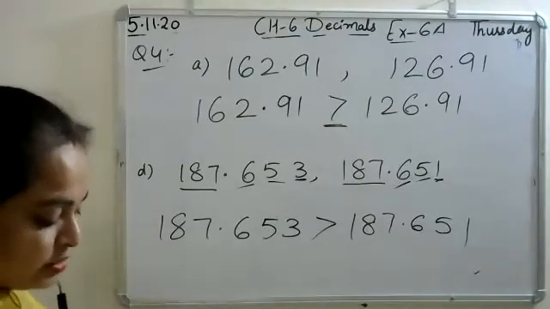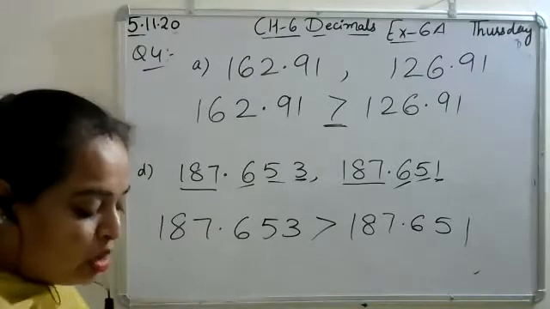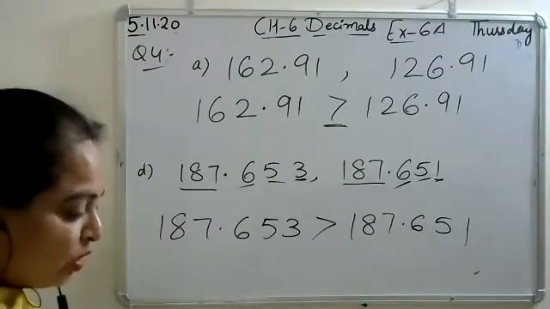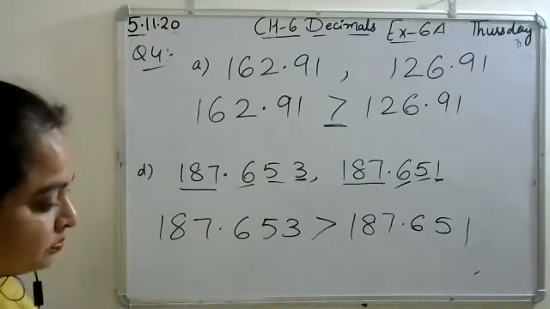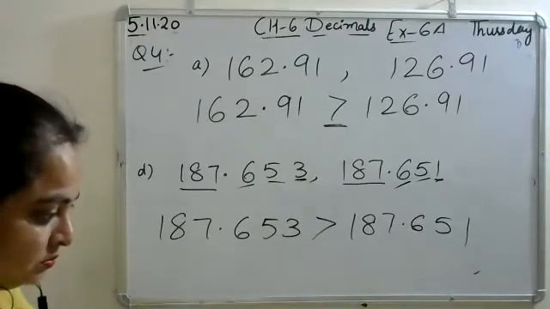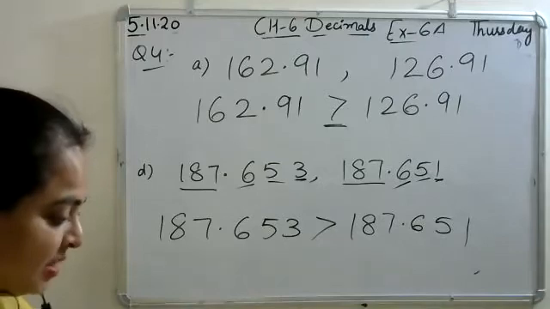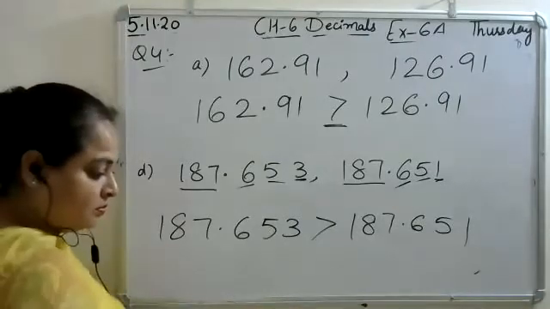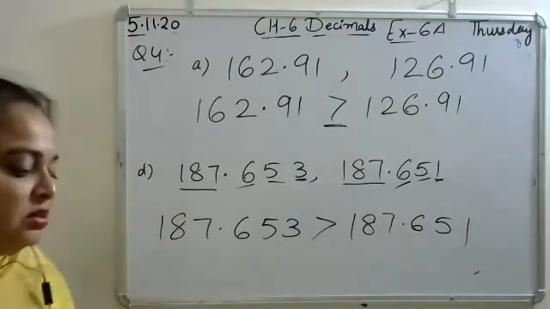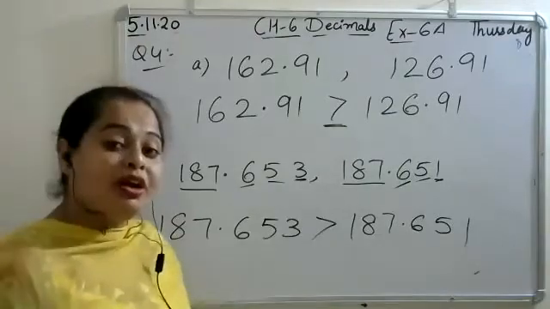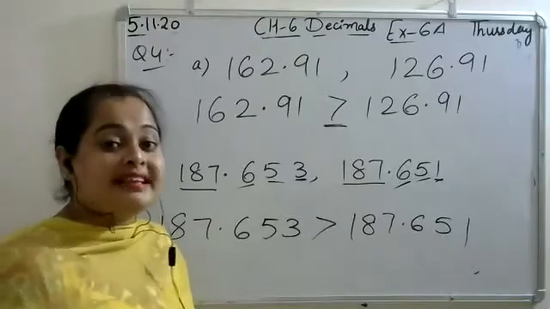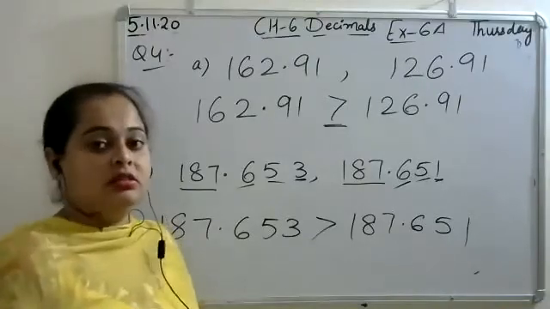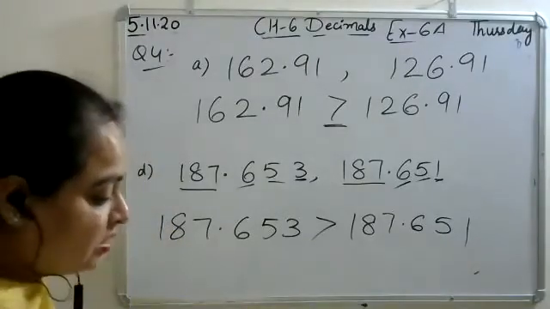Now the fifth question is based on writing in ascending order. Students, tell me, what do you understand by the term ascending? Divya, yes, smaller to greater. Arrangement from smallest to biggest is termed ascending.